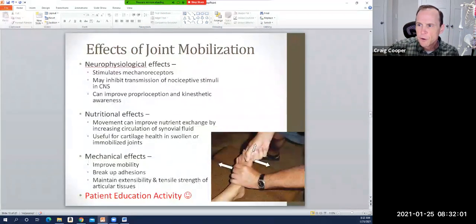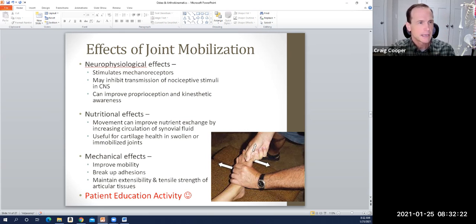All right, so here's our big list of things that joint mobilizations are supposed to help. Neurophysiologically, we are stimulating mechanoreceptors, our pressure receptors, our tactile receptors in the skin that sense deep pressure, light pressure, and all the receptors in the capsule themselves, tendons, and ligaments that have potential mechanoreceptors.